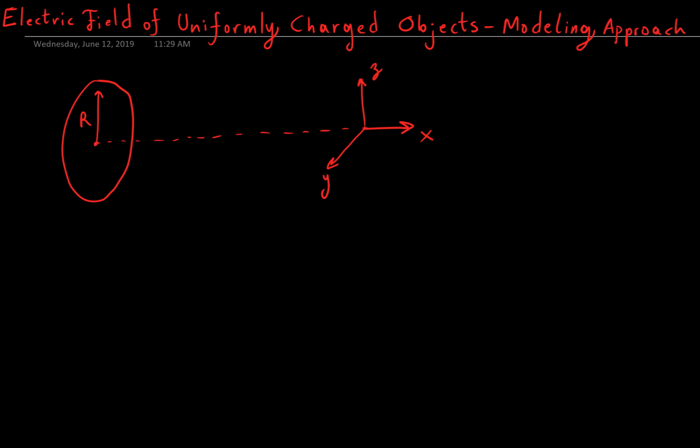Okay, so here in this video, we're going to build up on those steps that we went through for describing the electric field of a charged object. In this problem, we're going to consider a charged ring. You can look at this ring as basically your wire that's been bent into a circle.